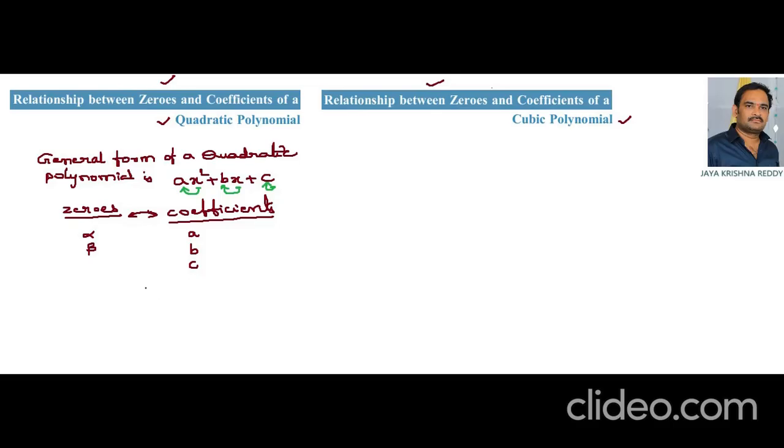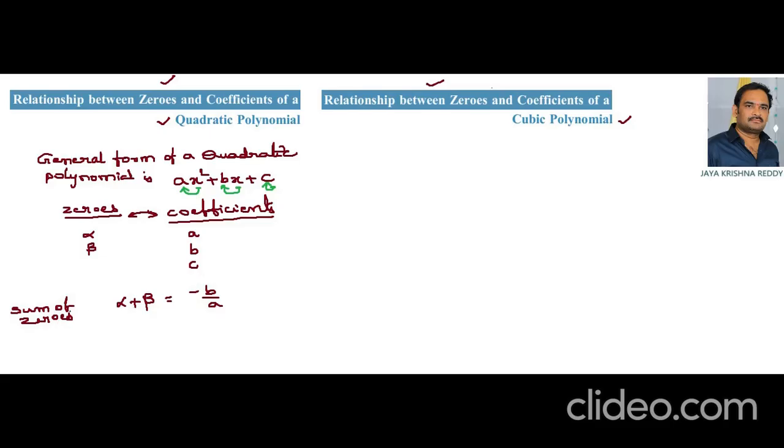The relationship is represented in two formulas. Alpha plus beta equals minus b by a. Alpha plus beta is the sum of the zeros, since alpha and beta are zeros and we are adding them.